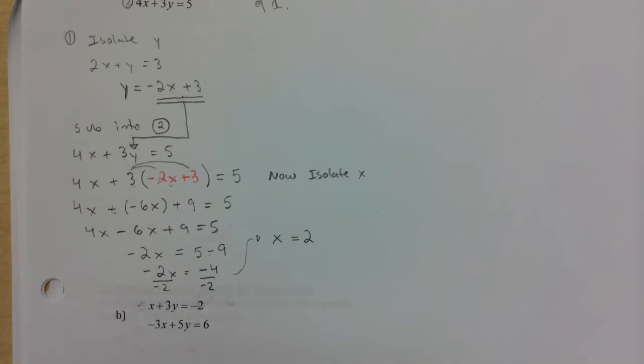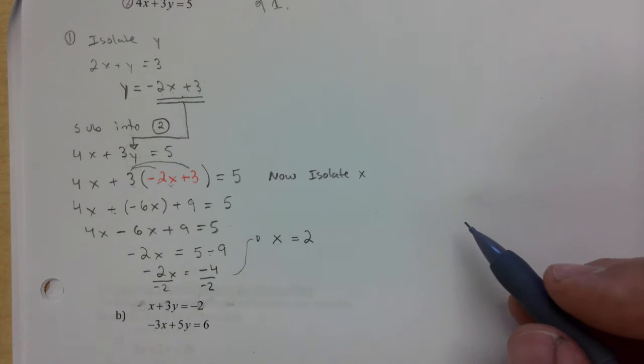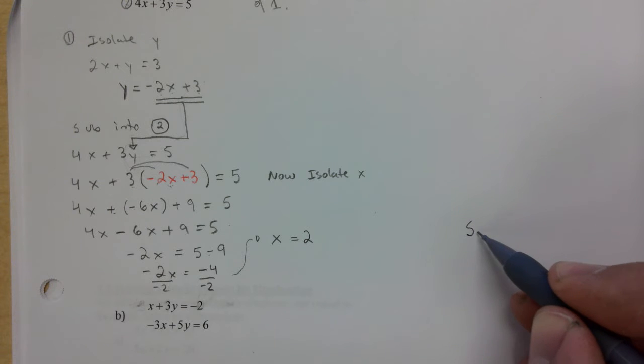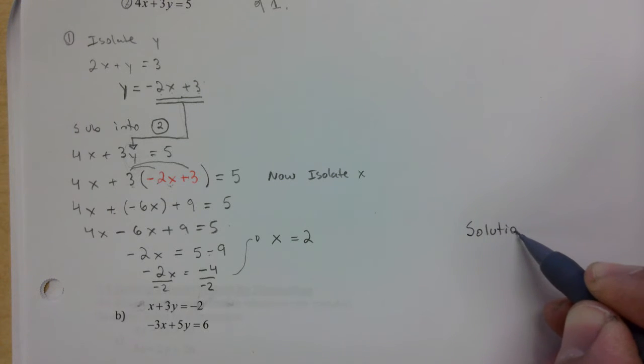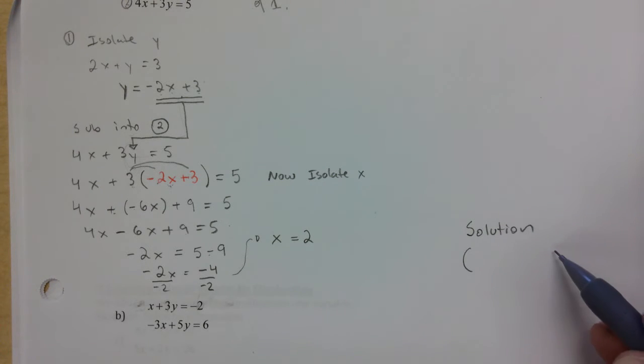So here, a lot of students, or quite a few students, think, I'm done now. I found out what x was. I'm done now. Remember, you're trying to find a solution to a system. So let's conclude here: a solution is a point.